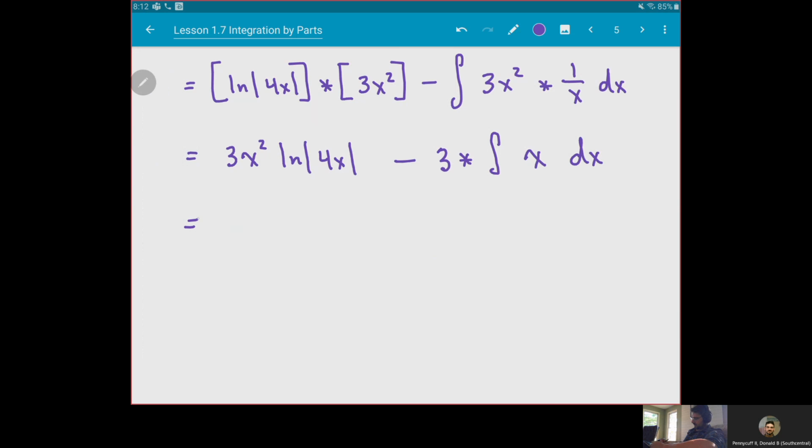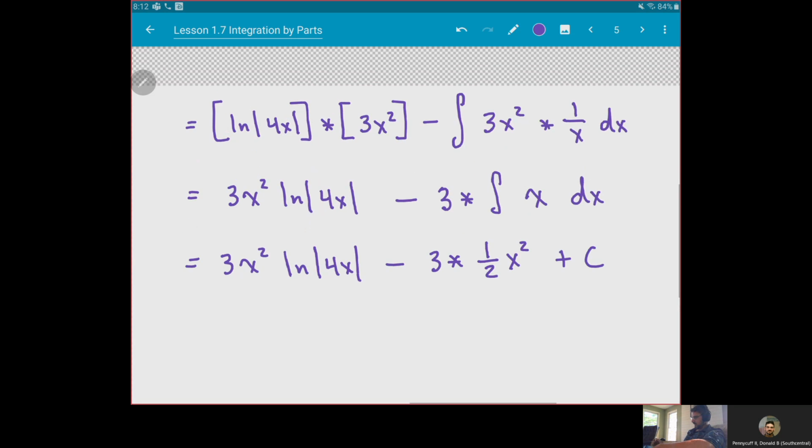So this gives me 3x squared ln 4x minus 3 times 1/2 x squared plus c. All right, give everyone a second here to get up to here.